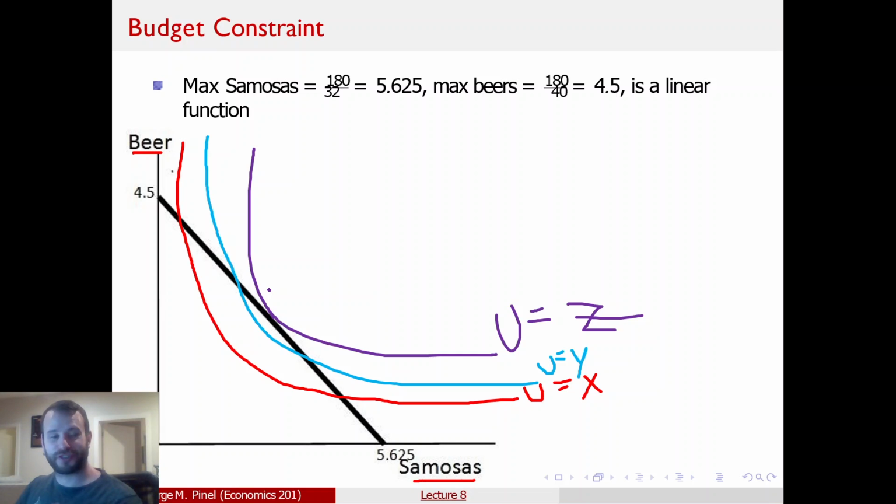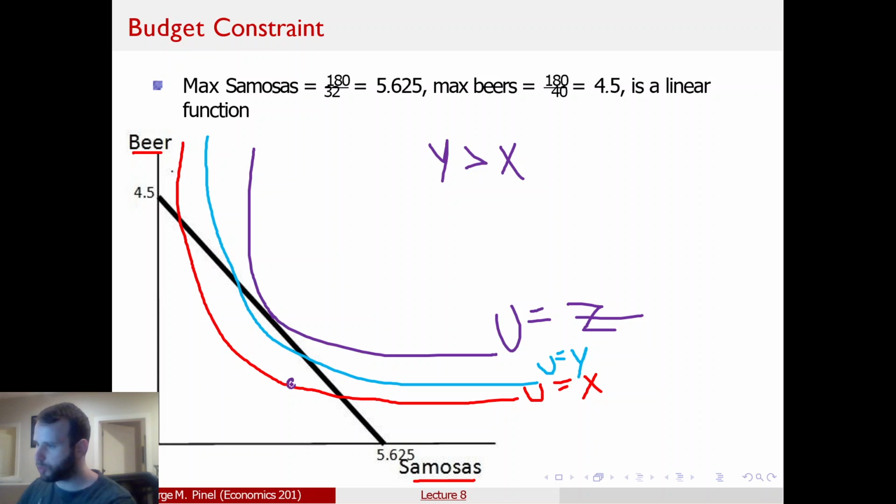We have 3 indifference curves running through the budget constraint. And what do you know about X, Y, and Z? Well, Abby likes both beer and samosas. So what can you say about X versus Y? Well, you can say that Y is greater than X. Abby would rather consume more beer and more samosas than less beer and less samosas, right?